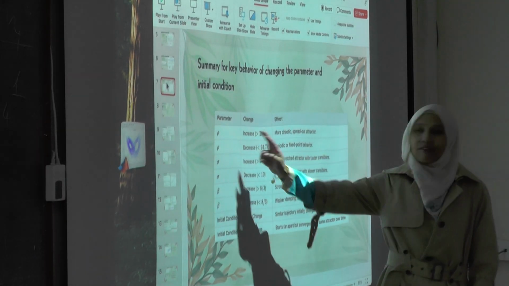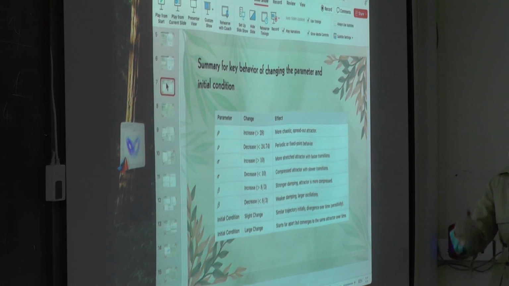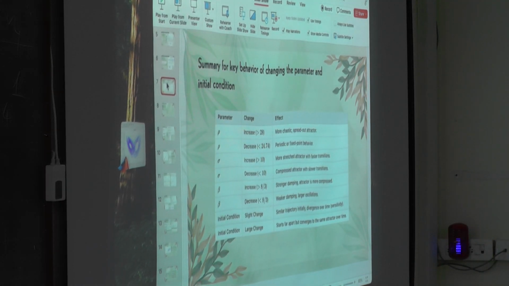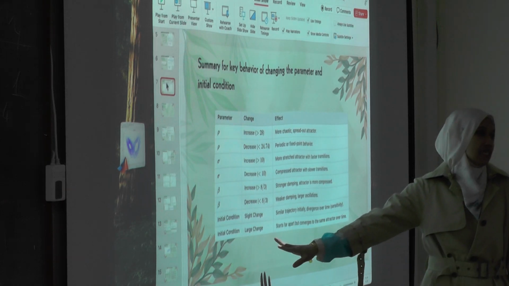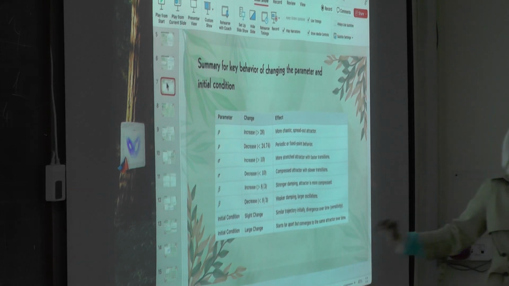So when we increase rho, what will happen? When we decrease rho, what will happen? And also for sigma, also for beta. And if I slightly change the initial conditions, what will happen?